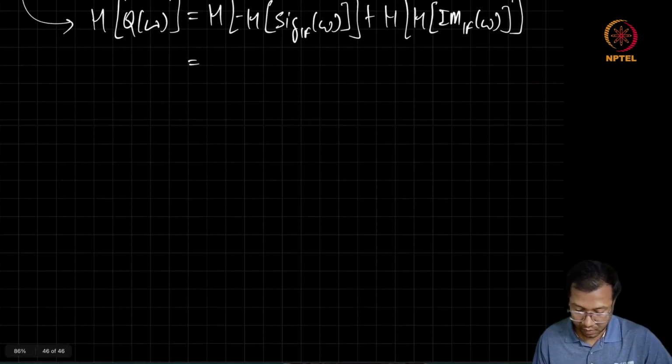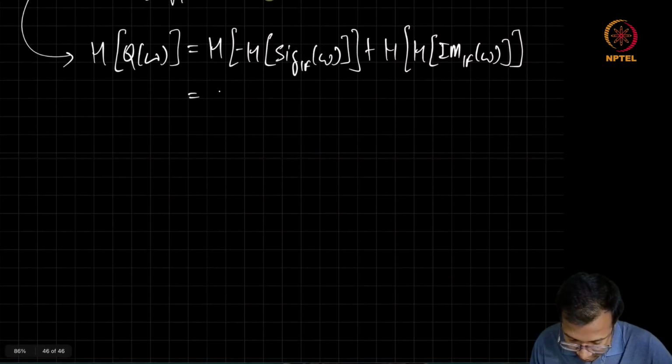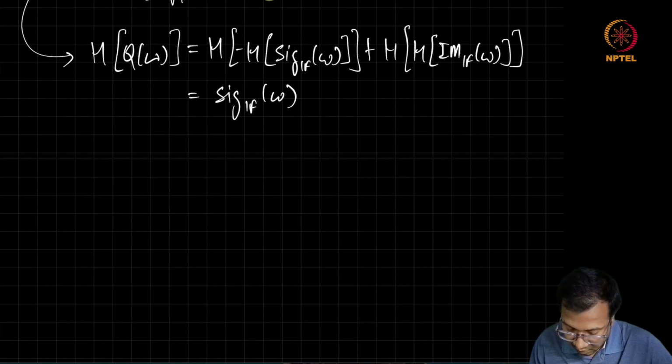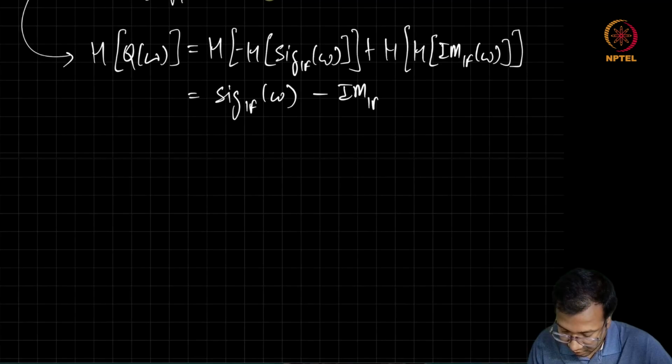This gives rise to a signal component at IF frequency minus the image component at IF frequency.